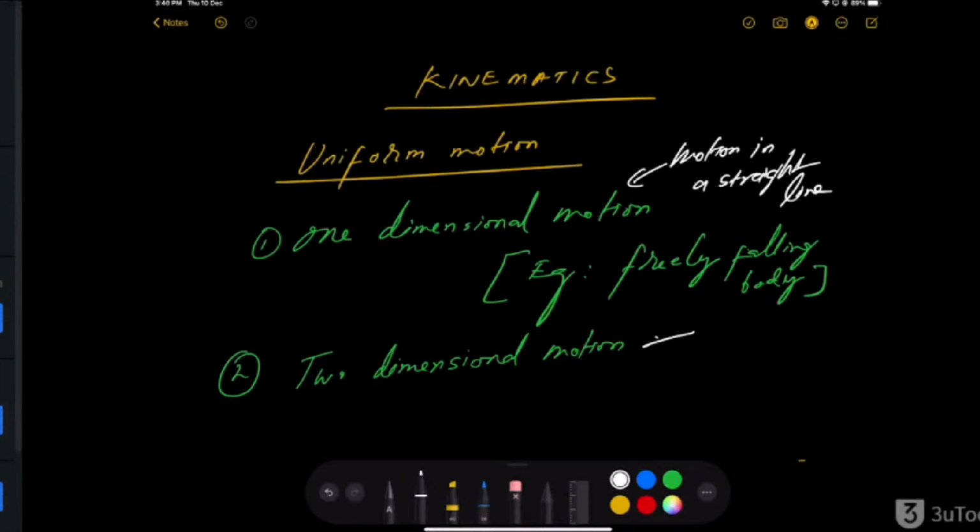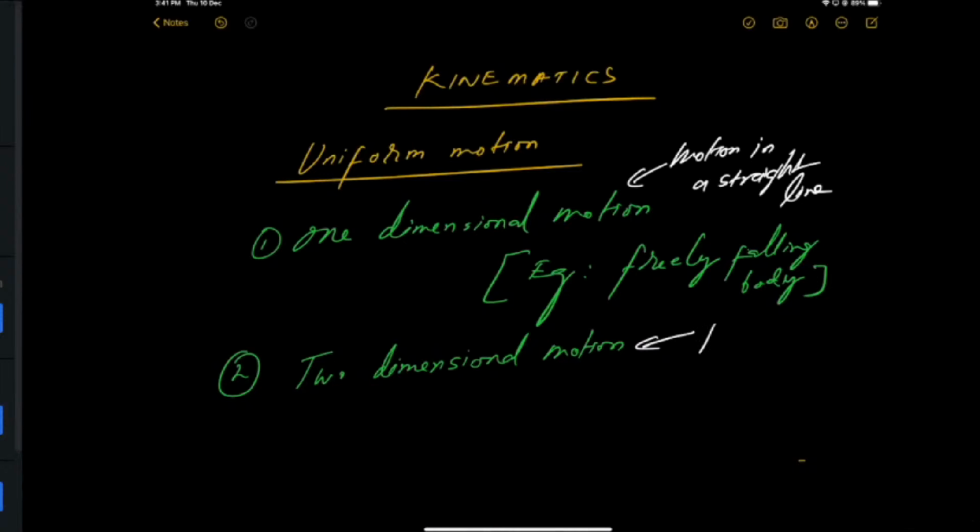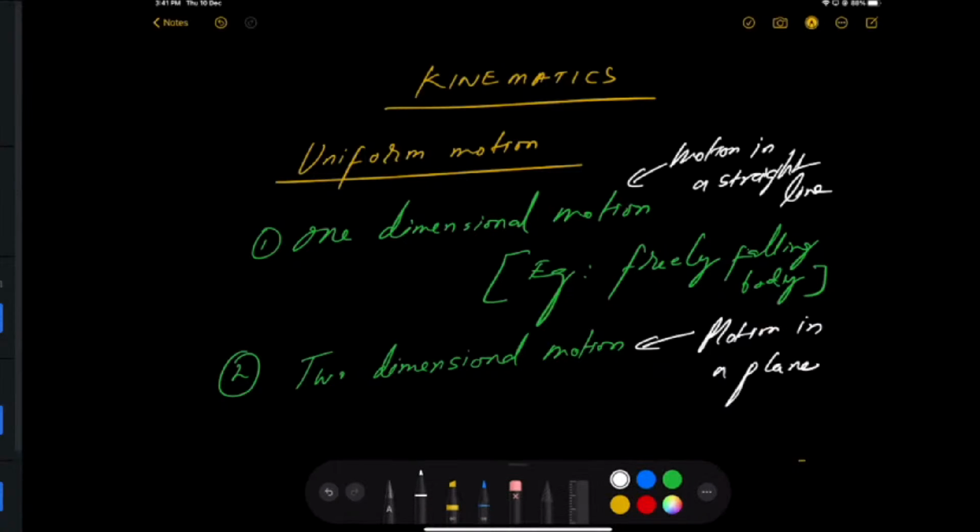And two-dimensional motion is also called motion in a plane. Now, what is the best example of motion in a plane? The best example is projectile motion.